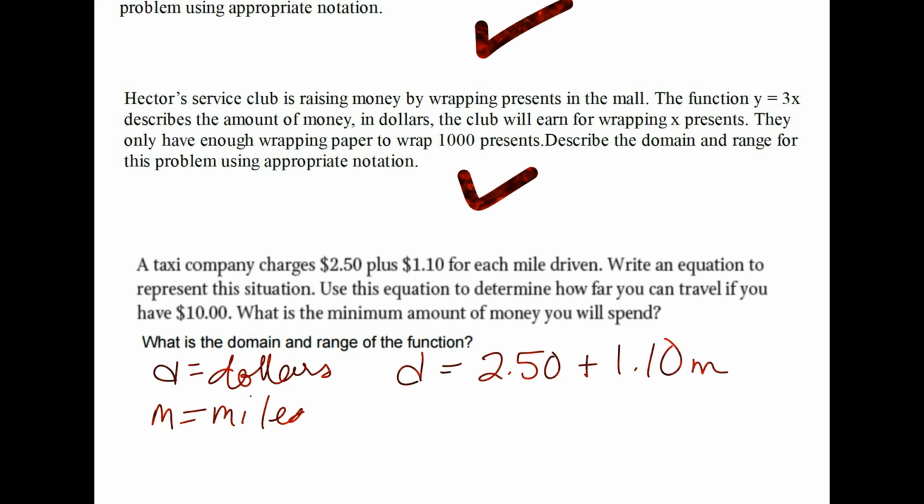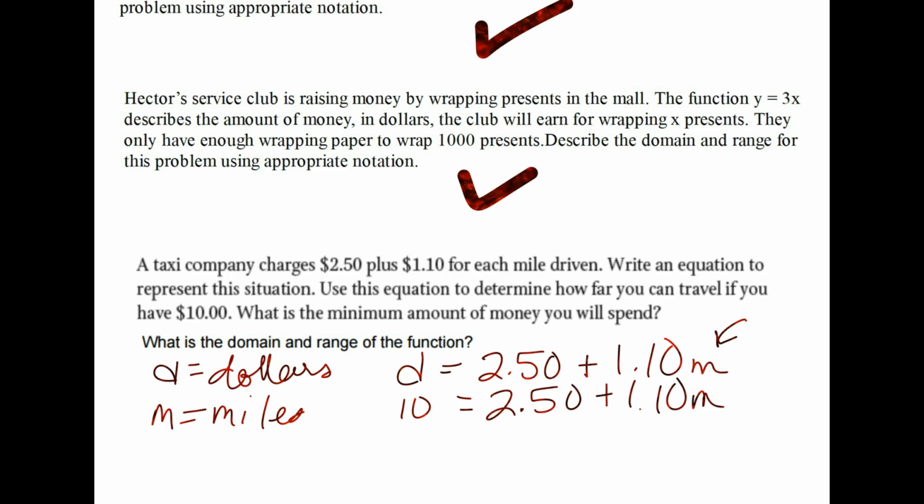Got that. Use this equation to determine how far you can travel if you have $10. All right, so if I have $10, if D is 10, how far can I travel? That's what I'm looking for. Remember, if I write it, y'all, you write it. All right, so $2.50 plus 1.10 M, M is for miles.